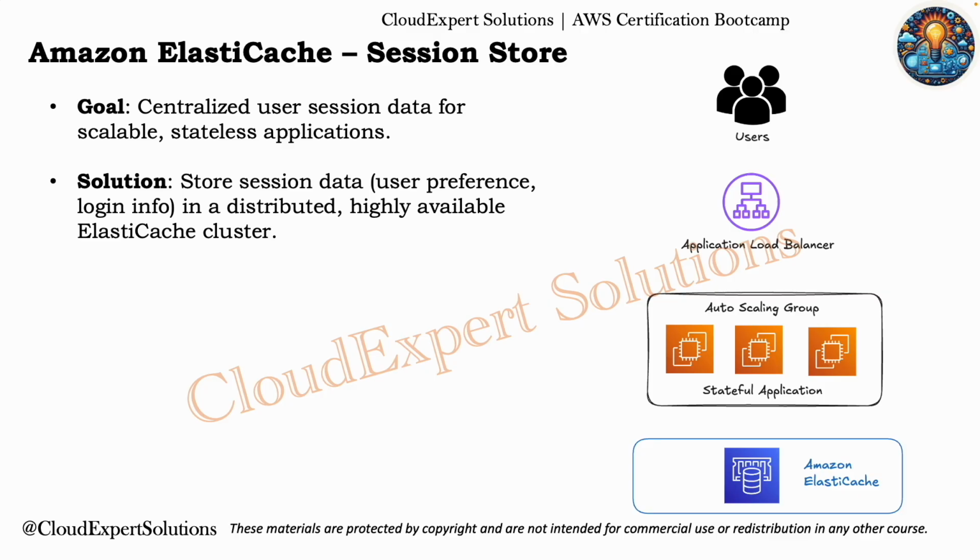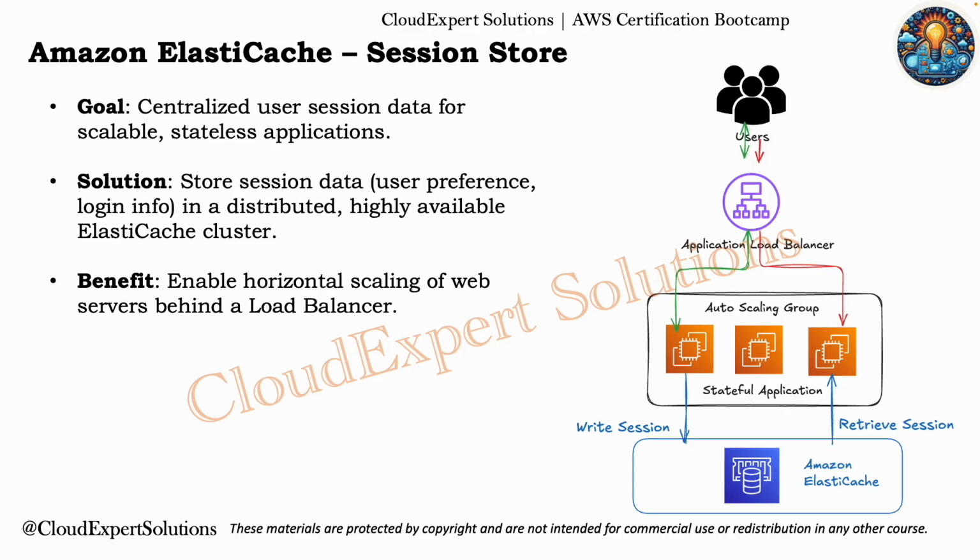With this architecture, your application will write or retrieve user sessions from the centralized store before processing any user request. Your web servers can now become truly stateless and you can place them behind a load balancer and scale them out or in independently, making your application much more scalable and resilient.